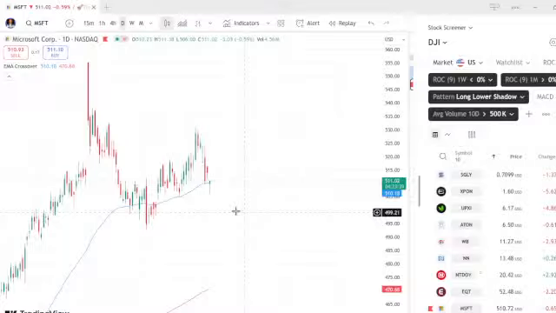Now if you're into penny stocks, this one is good as well. If you don't have a lot of money and you're starting small, then you can come here to the other end of the spectrum and trade this one here.